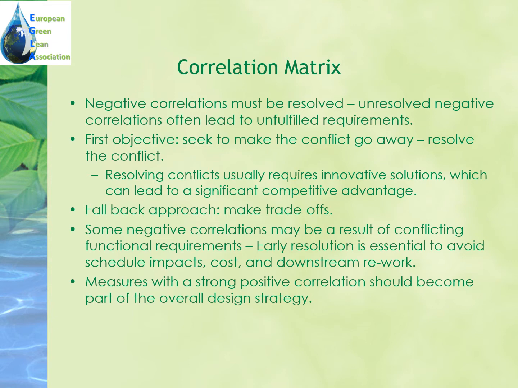The correlation matrix is something you use to think about your planned technical requirements. You always start by thinking about negative correlations because they must be resolved. All that are especially strongly negative will really often lead to unfulfilled requirements.